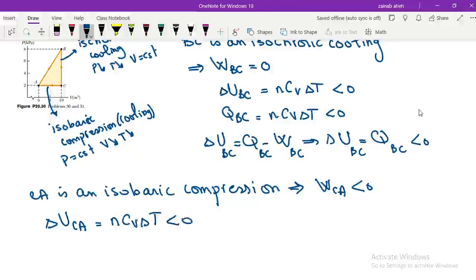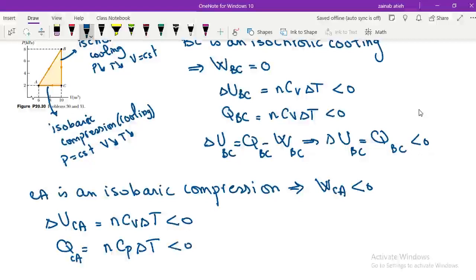So delta U CA is negative. Now let's go to Q. Q at an isobaric compression is equal to nCP delta T, and because the pressure is constant, volume is decreasing, so temperature is decreasing, we will get nCP delta T negative.